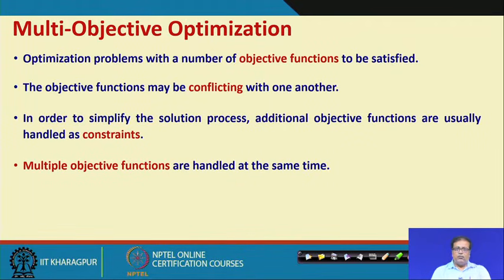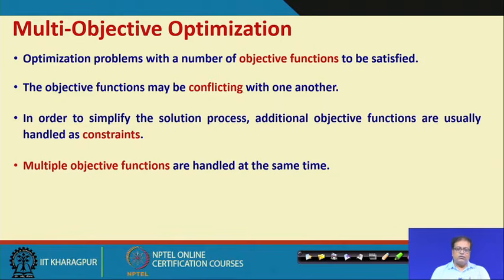As I said, the objective functions may be conflicting with one another, and if we want to simplify the solution process, sometimes you can treat some of the objective functions as constraints. But treating a function as an objective function and converting it to a constraint is not exactly the same thing.